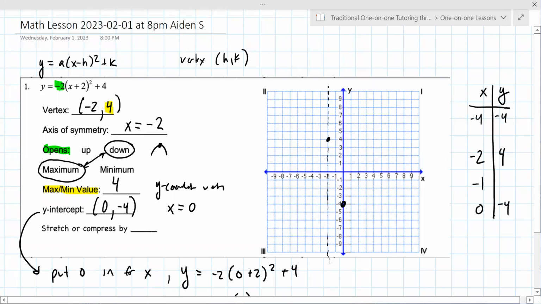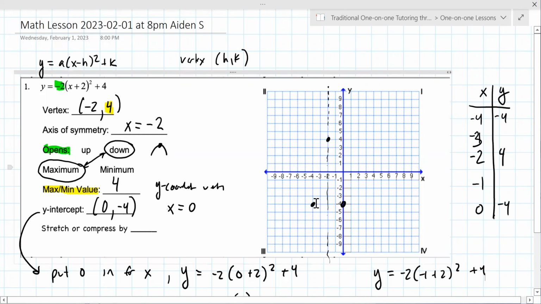I don't want to get into this tonight with you because it's a lot, but we should get a couple more points. So we should put -1 in for x. So we should try this -1. So it's y equals -2 times (-1 plus 2) squared plus 4, like that. Where did that point in between come from?